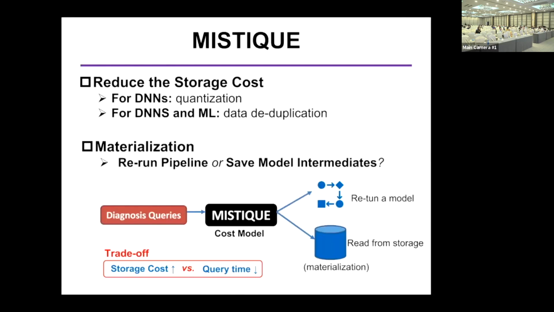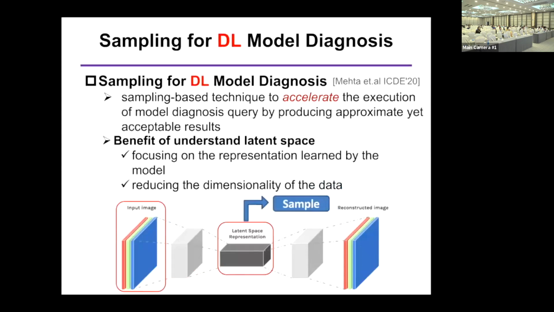And it also provides a materialization technique that considers the trade-off between rerunning the entire pipeline or saving the model intermediates between the different iterations of the machine learning pipeline. It's a trade-off between storage cost and the query time.